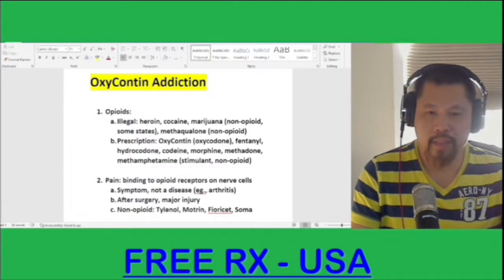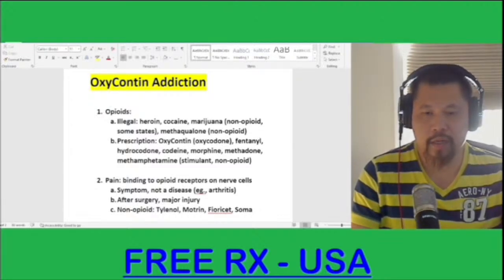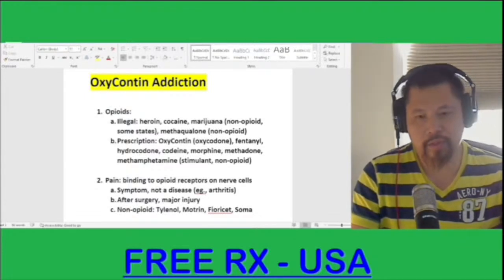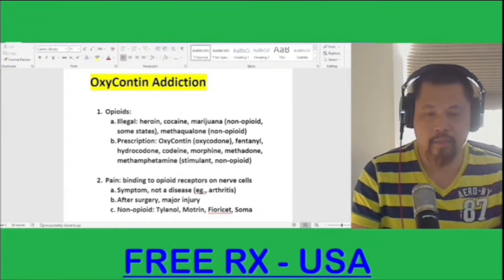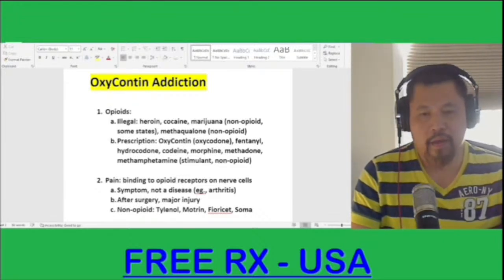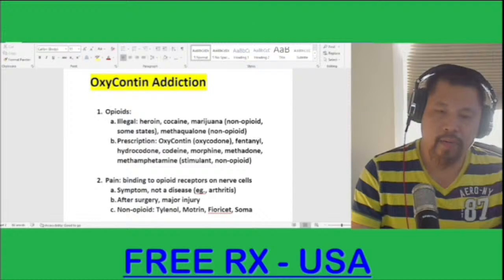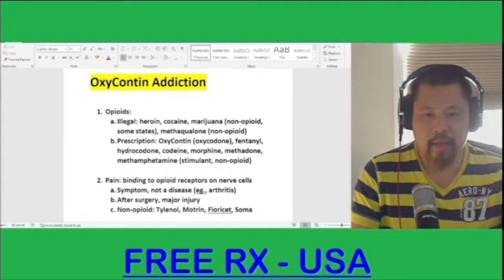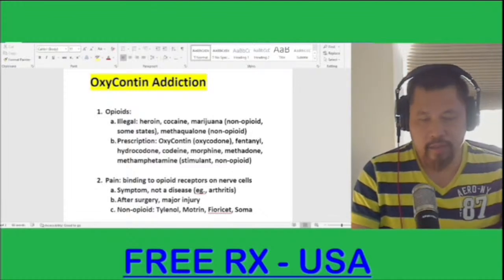Some prescription opioids include OxyContin or oxycodone, fentanyl, hydrocodone, codeine, morphine, methadone, and the non-opioid stimulant methamphetamine.